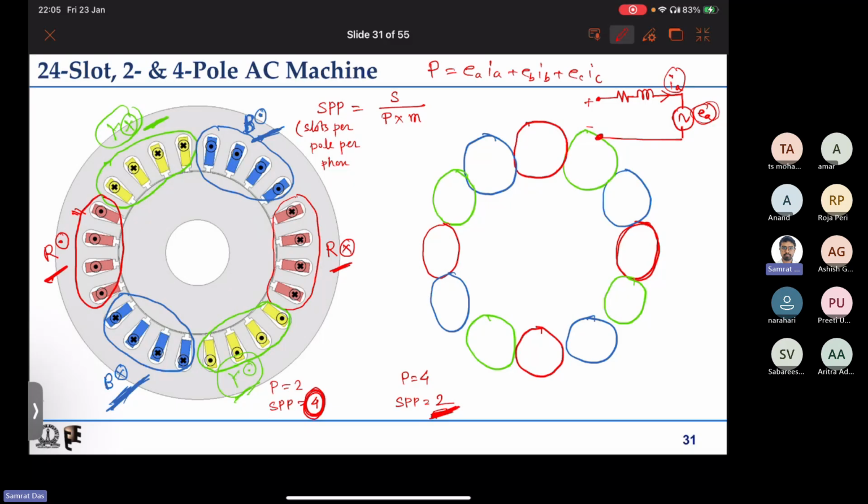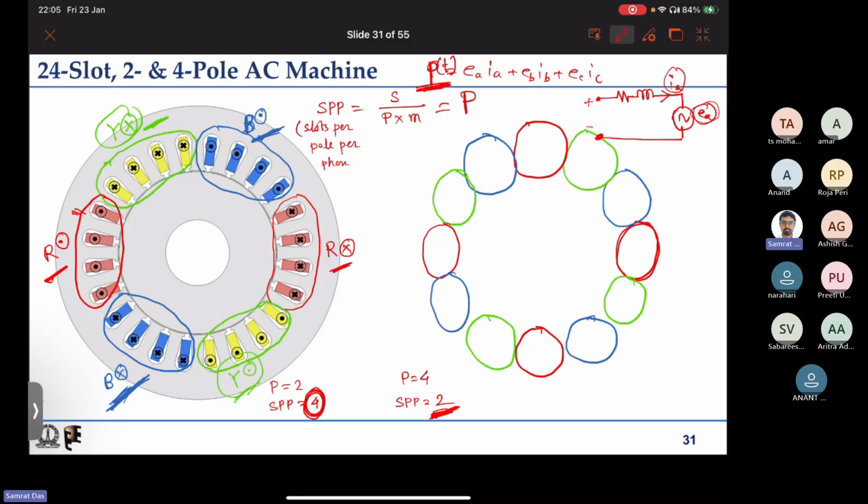If all of these, EA, IA, EB, IB, EC, IC, are sinusoidal and you do the math, you will find that this instantaneous power, small p, will be a DC quantity. This is always a capital P, having a DC value only and no pulsations.